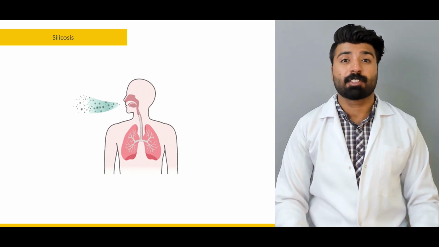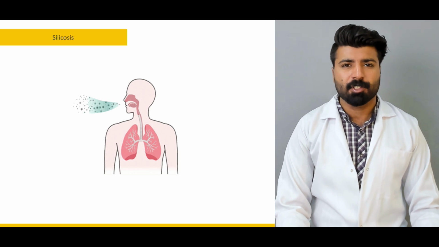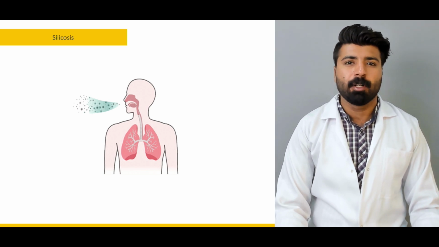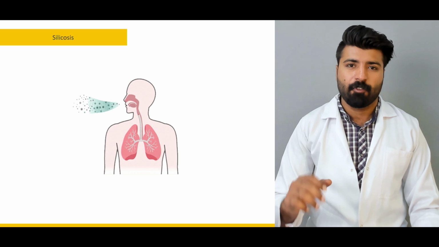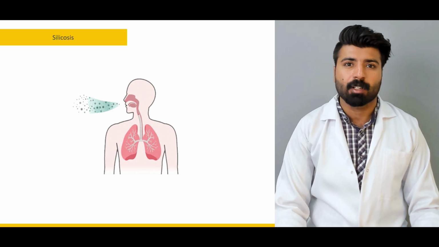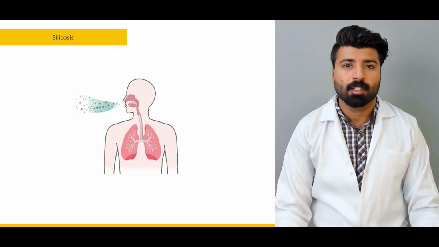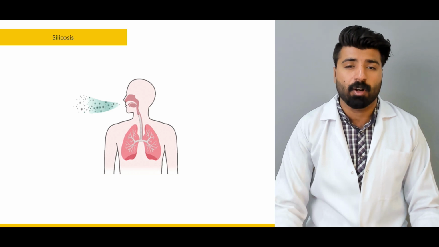You might be wondering what sandblasters are. Sandblasters are people who clean buildings by blasting very high pressure sand on the brick and the tile. It contains a very high amount of silica, and that person is going to inhale all of it and get silicosis.